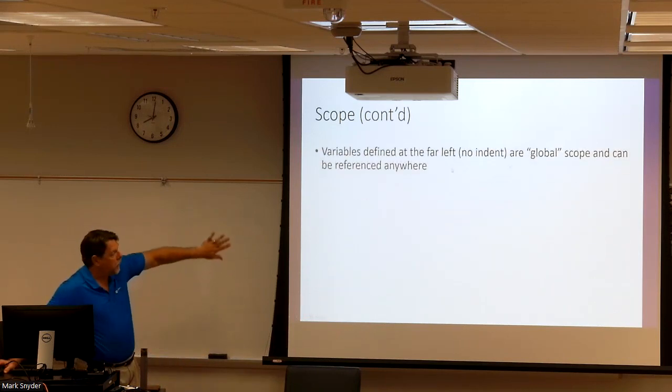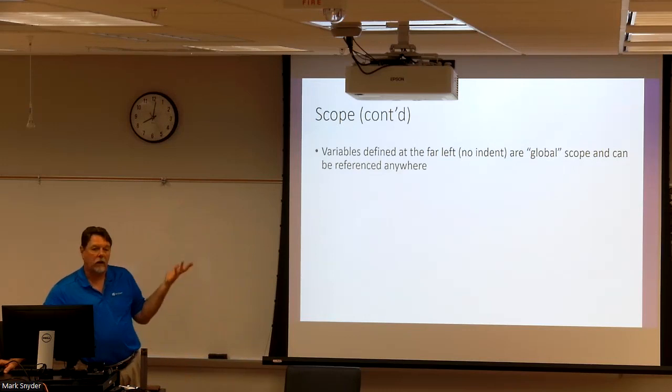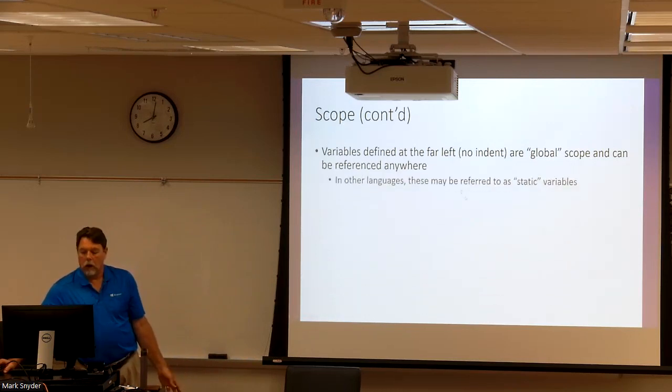If you define variables at the far left, we talked about that, lines of code at the far left, not indented at all, we call that global scope. And so anything can see those. The scope is global at that point. In other languages, we might use the term static. Static and global can be synonymous.